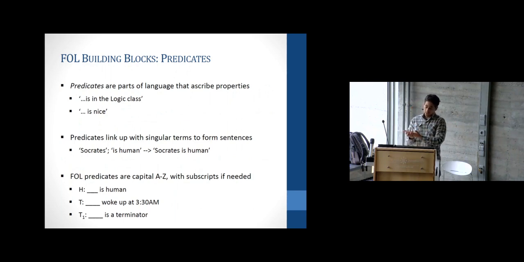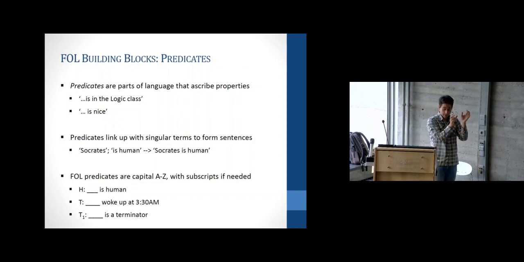Predicates are the part of language that describes properties, right? I said that first order logic is reasoning about objects and their properties. So a predicate is the name we give in the language to particular properties. Is nice, is human, is in the logic class. These are all predicates or properties of something.